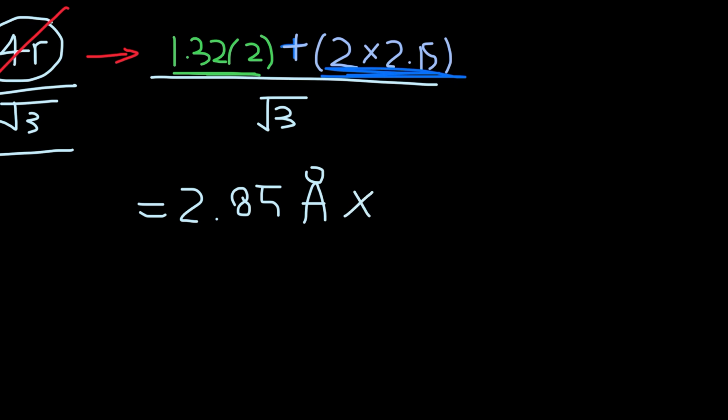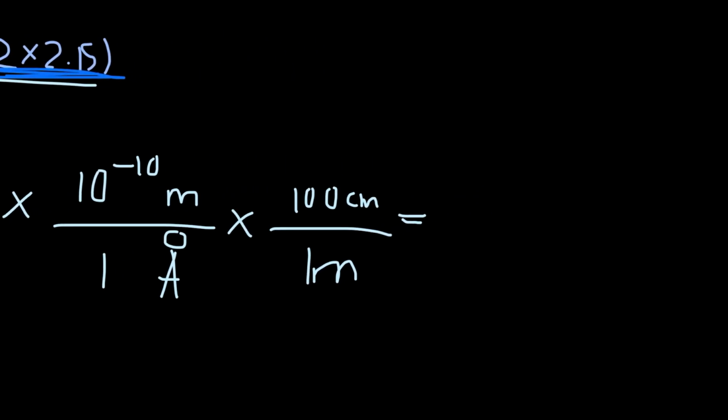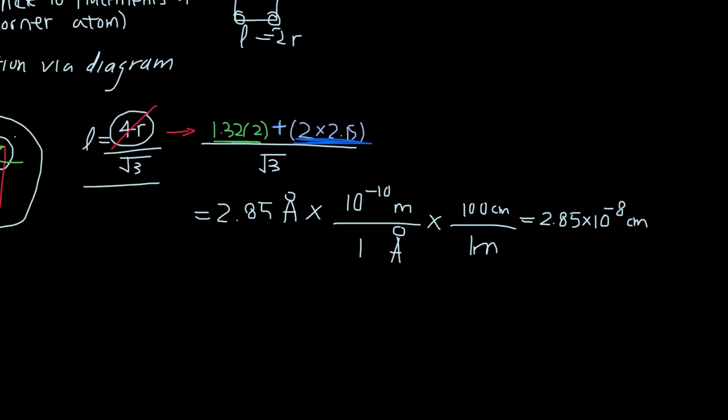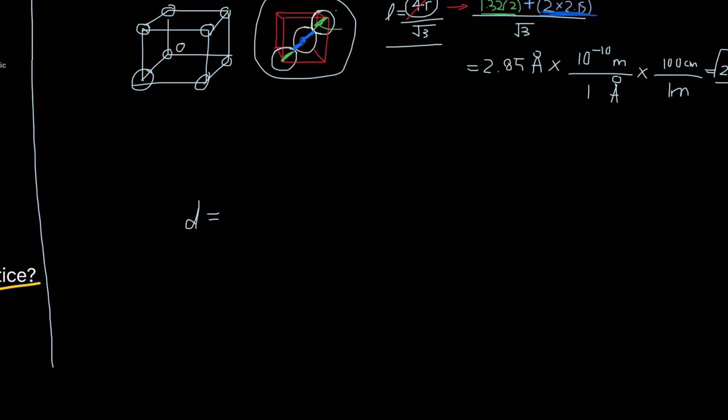So while we're here, I'll just convert this into centimeter cubed, and then convert it into centimeters, which will give us... and as we discussed in the previous video, how we get density has been outlined.